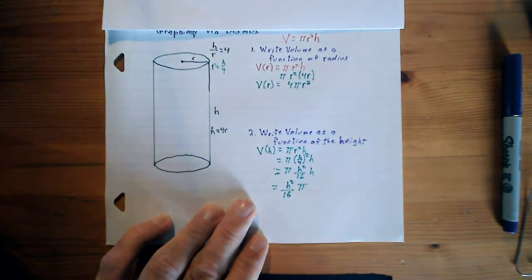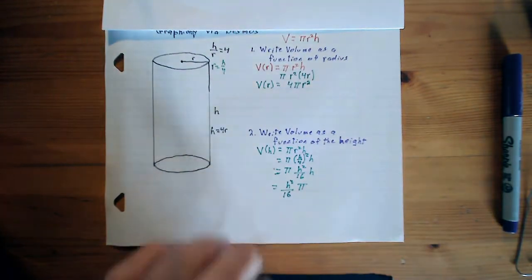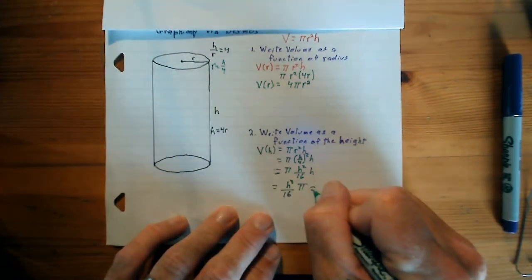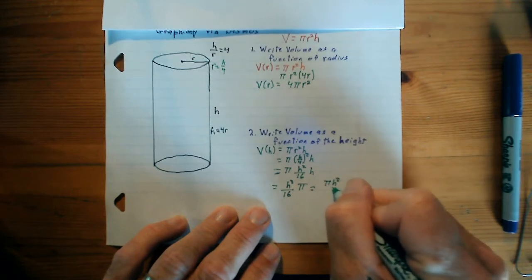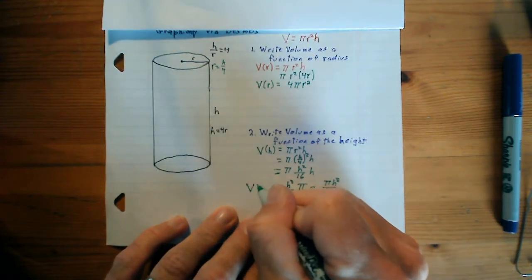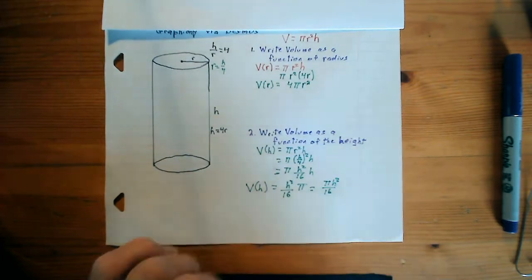Or I could have put pi in the numerator up there, that's fine as well. Matter of fact, I think I will. Pi h cubed over 16. That is the volume as a function of the height only.